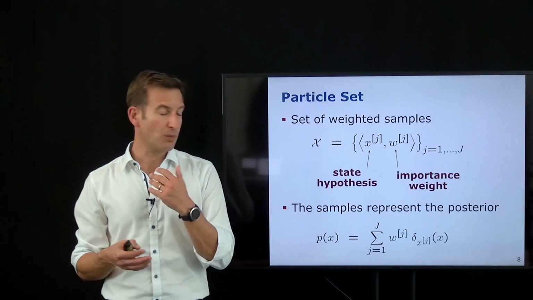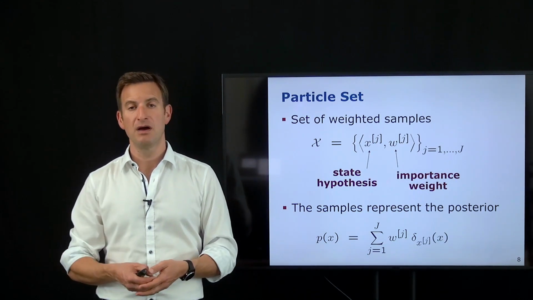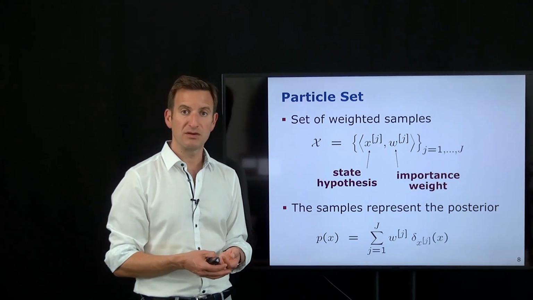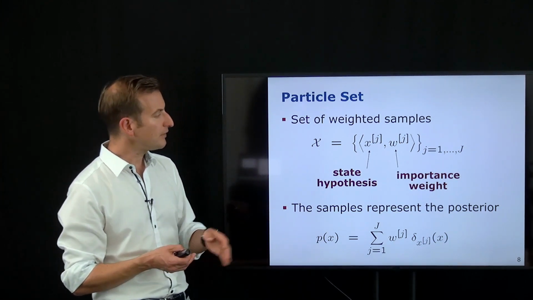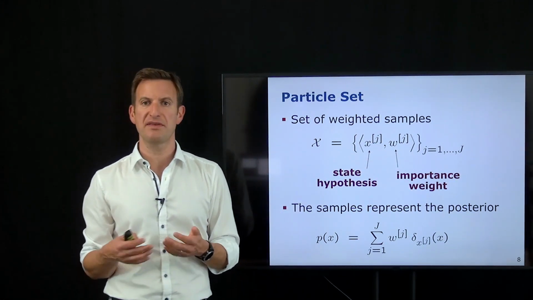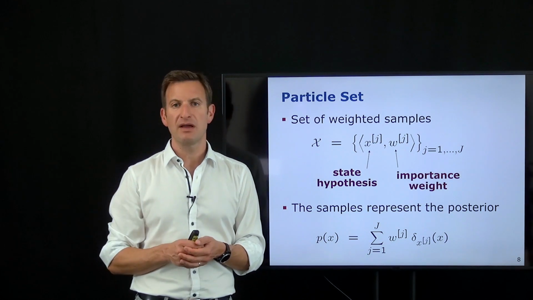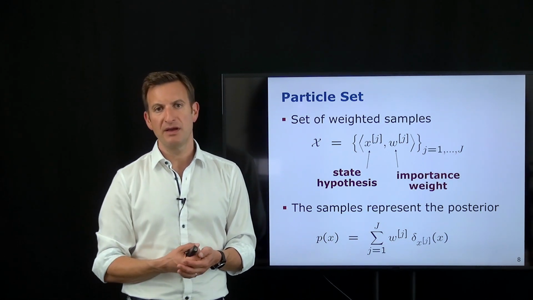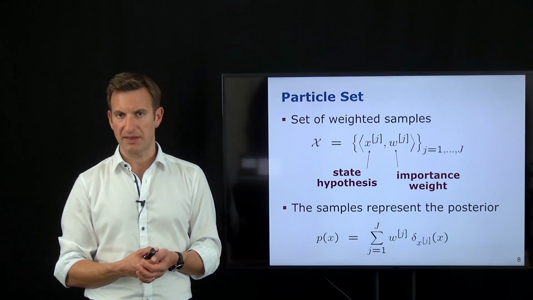All the weights need to sum up to 1 in order to have a proper probability distribution, as the integral over a probability distribution must be 1. And we have j of those samples. So we have j hypotheses of where the system is, and every hypothesis has a weight. The larger the weight, the higher the probability that the system is actually located there.